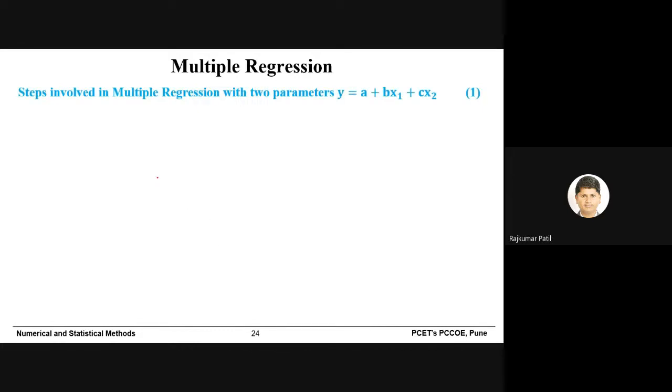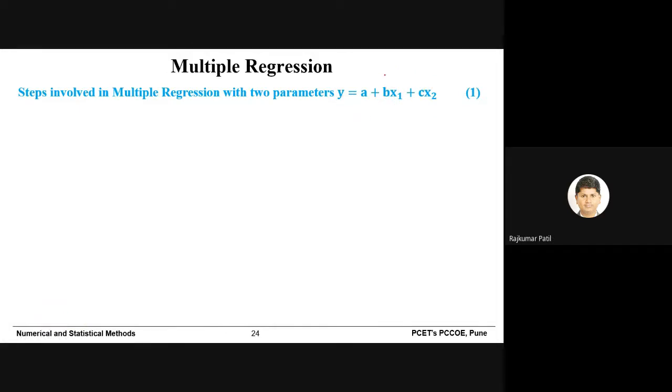So for our syllabus, we are restricting our study to this particular equation in case of multiple regression, where y is your dependent variable. Why am I saying y is dependent? Because it is dependent on x1 and x2. So that's why y is a dependent variable and it is dependent on x1 and x2.